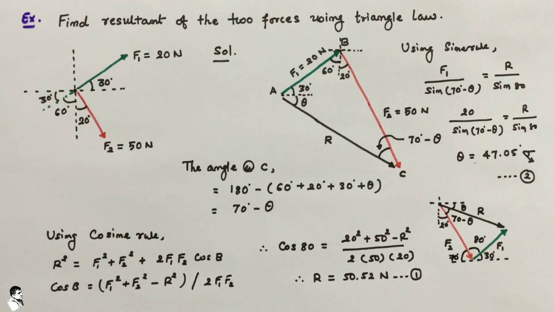So total is 180 degree, and this angle would be 30 plus theta. Okay, if we sort out the geometry perfectly, you can find that very easily. Again, this way you can apply the cosine rule and the sine rule, so the answer would be the same in this methodology also.